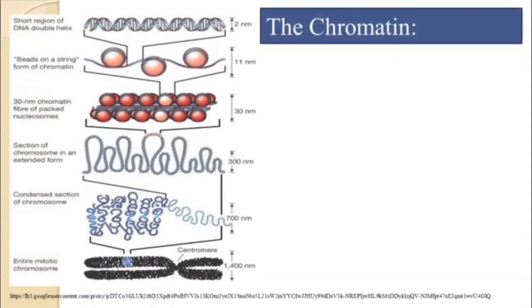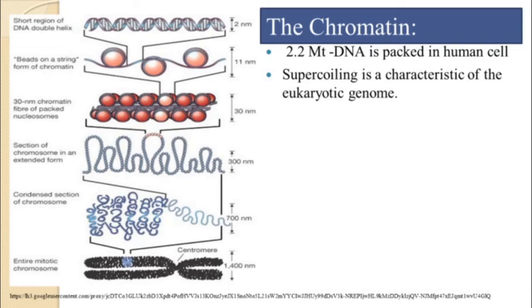Now we will discuss some more about chromatin. As you can see in the diagram, a 2 nanometer diameter DNA double helical structure is condensed to form a 1400 nanometer chromosome. Generally, a human somatic cell has 2.2 meters of DNA, meaning the 46 chromosomes measure nearly 2.2 meters.